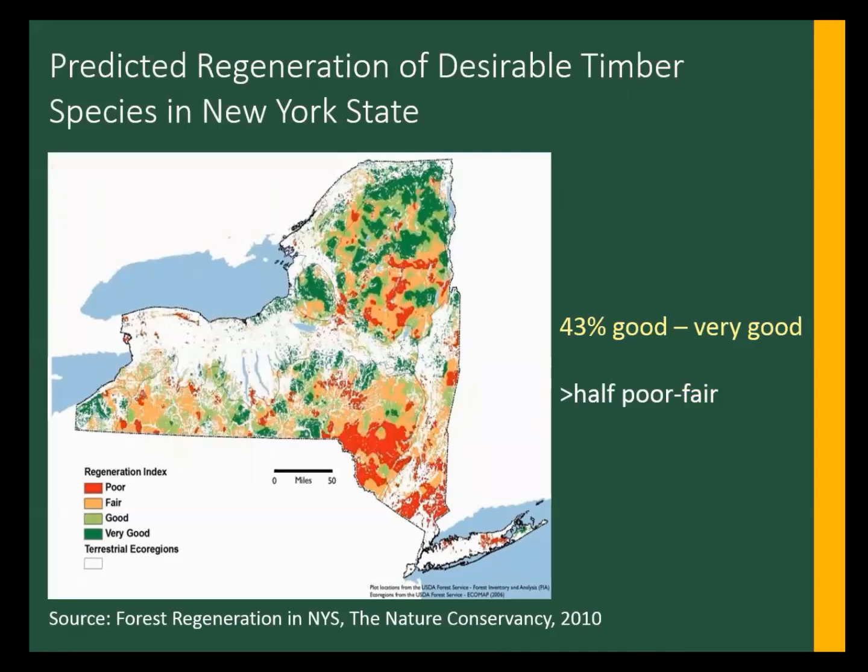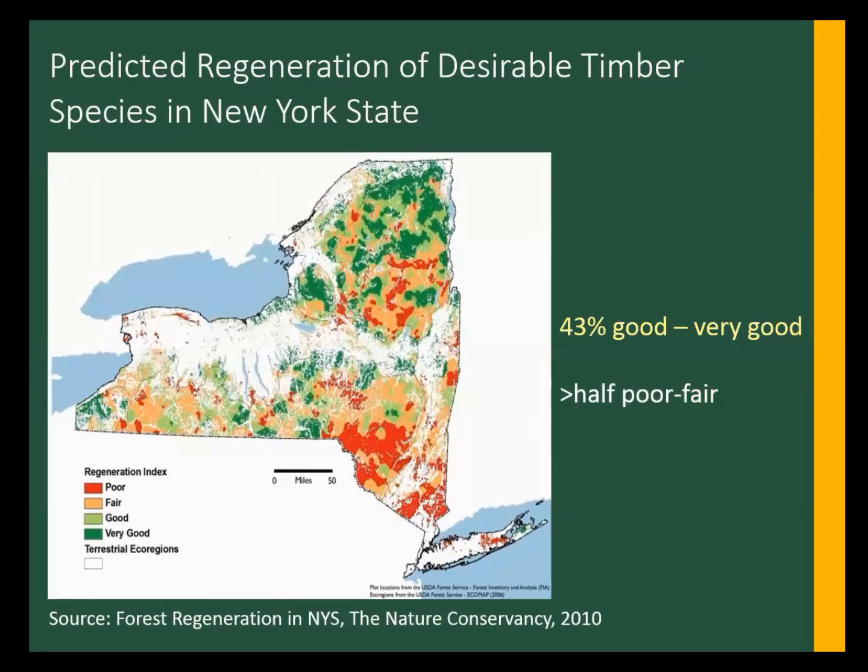When you change that and they looked at just desirable timber species, so not necessarily beech and things like maple and oak, then the picture becomes a lot more bleak. So a lot more of New York State is either poor or fair in terms of the potential for us to regenerate those species if we were to have a loss of the forest canopy.